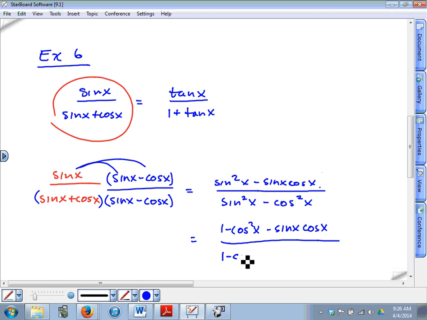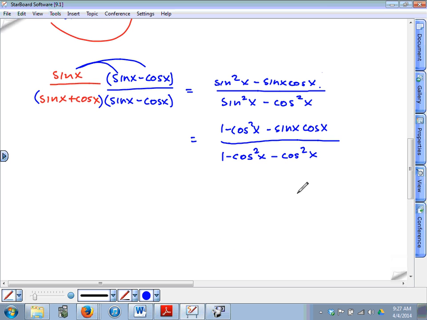And in the bottom we're going to have 1 minus cosine squared of x minus cosine squared of x. We can combine which cosines? So that's 1 minus 2 cosine squared of x.